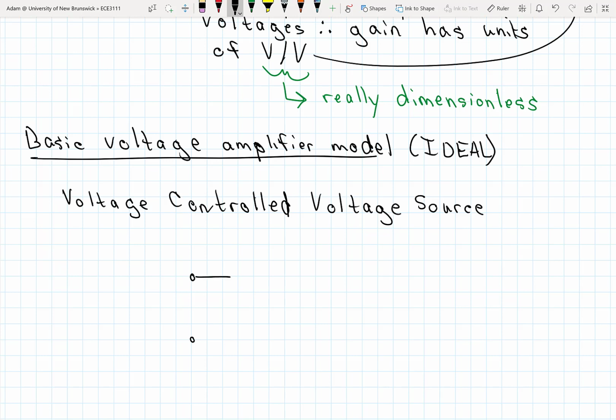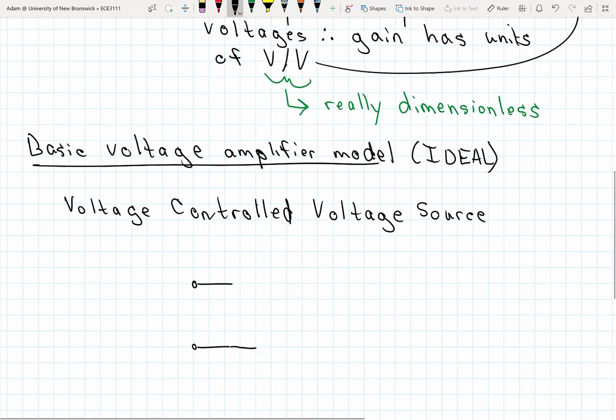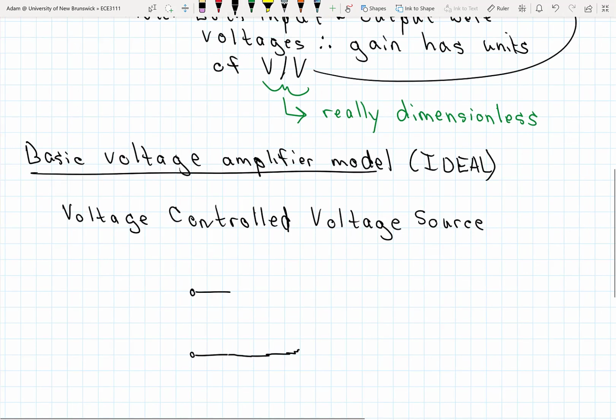Okay, so if I have a device that accepts a voltage at the input, and as a result of that voltage, produces a voltage at the output that has some gain term associated with it.